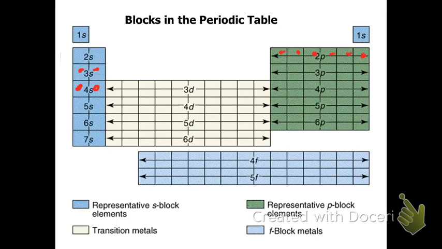That's why there's 6 elements in that row. And the d can contain 5 orbitals, which means 10 electrons total. If you count, you get 1, 2, 3, 4, 5, 6, 7, 8, 9, 10. And trust me, there are 14 boxes in each of these rows as well.